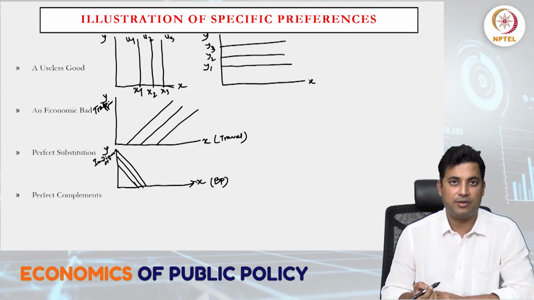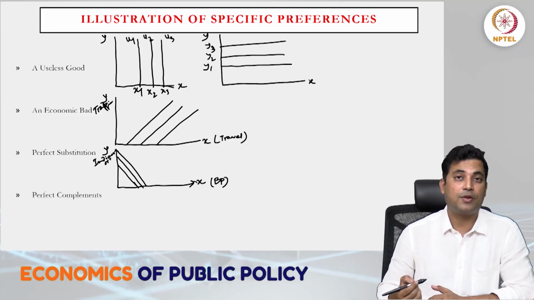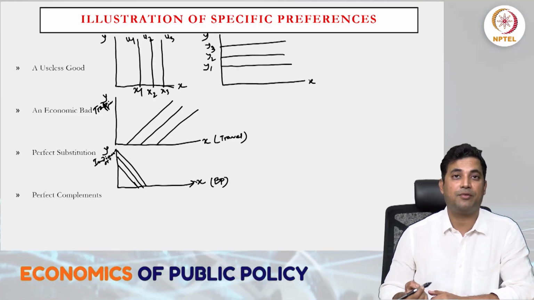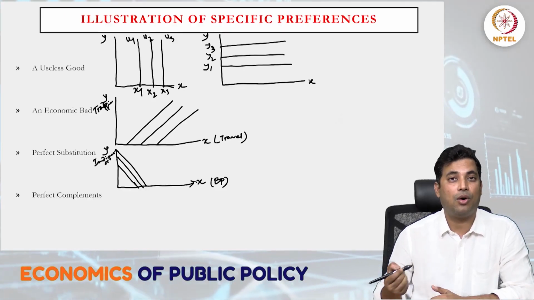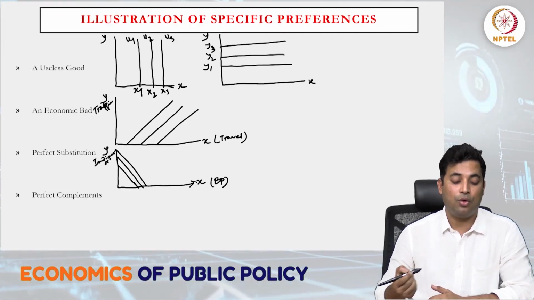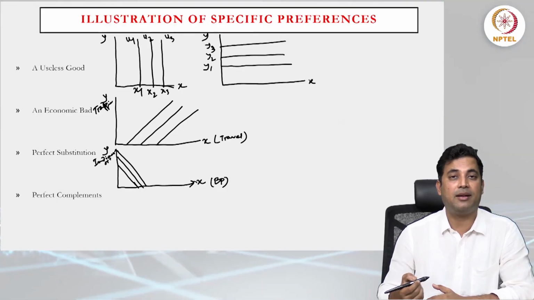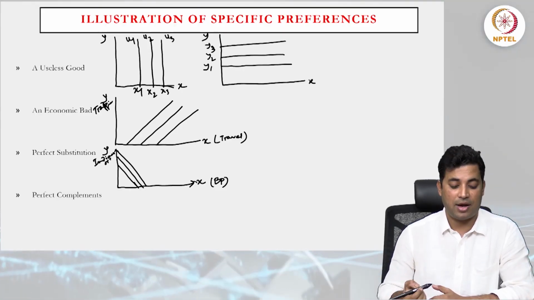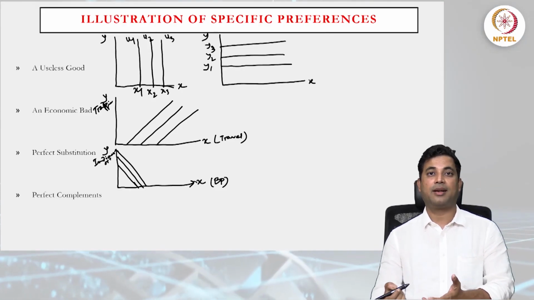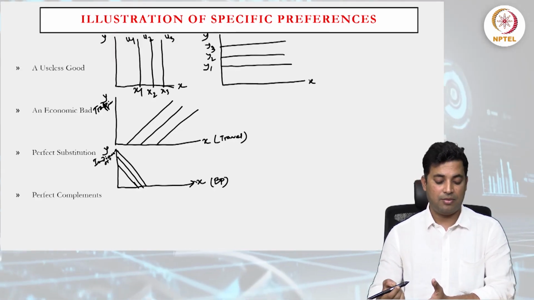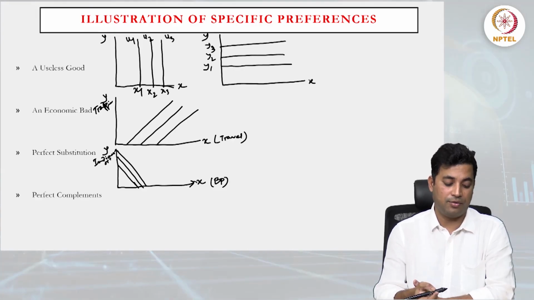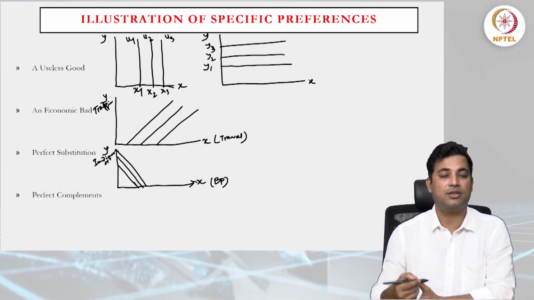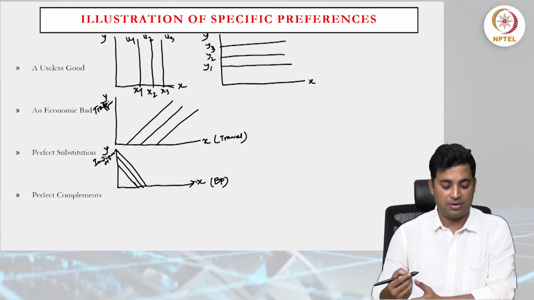For me petrol is important. Of course, I may have a preference for Indian Oil over Bharat Petroleum, but in a situation where I don't have Indian Oil, then certainly I can choose Bharat Petroleum. So I'm not that rigid. So they are perfectly substitutable, right?